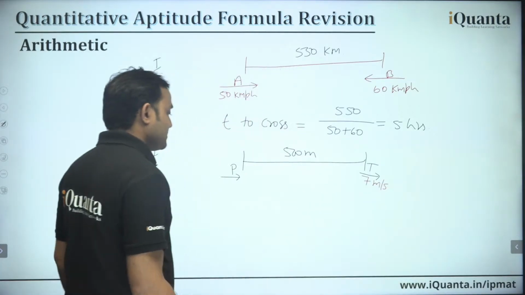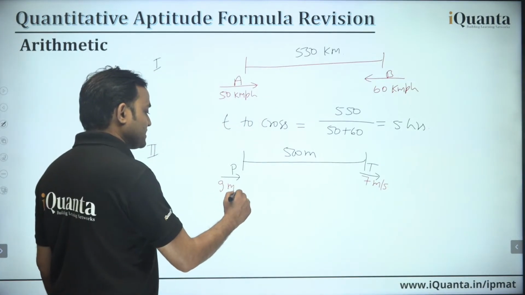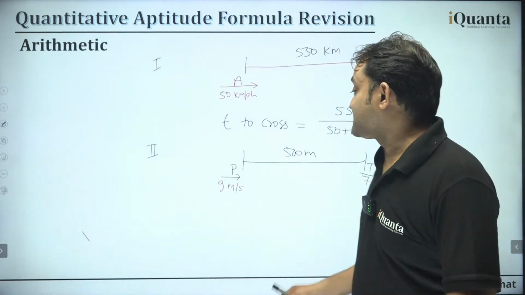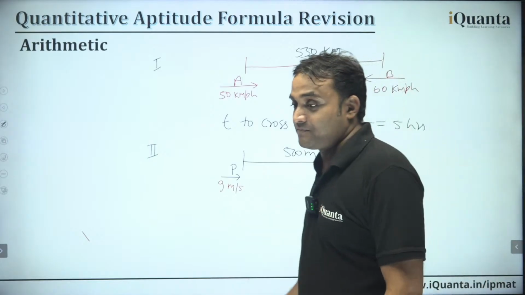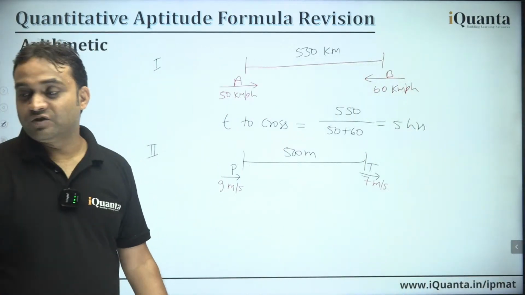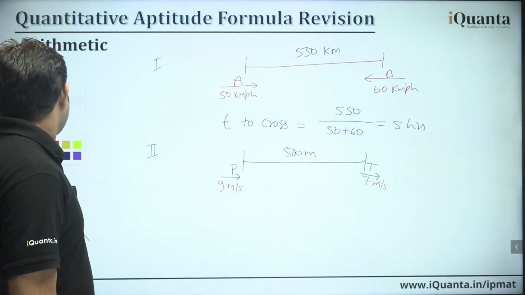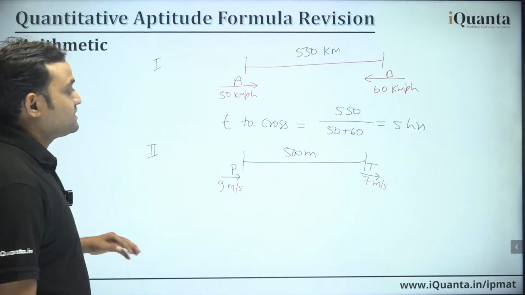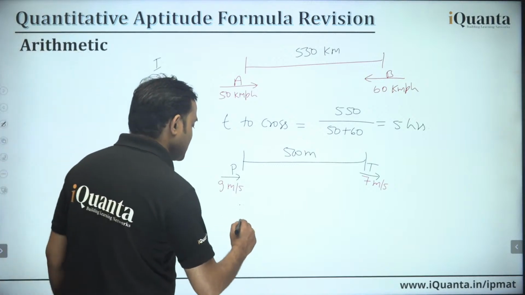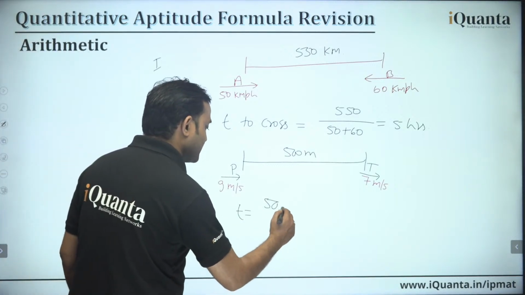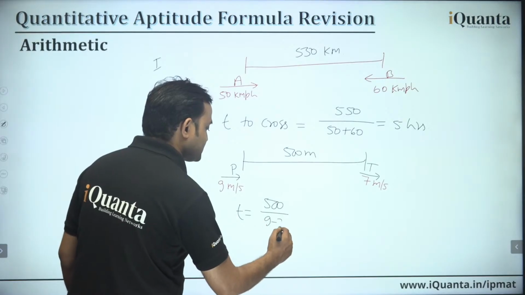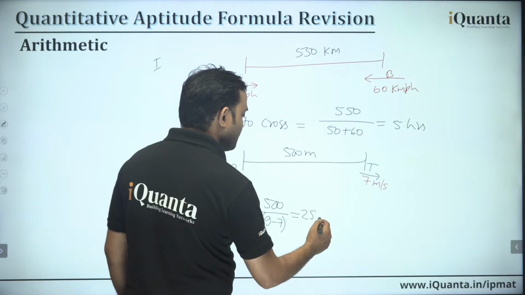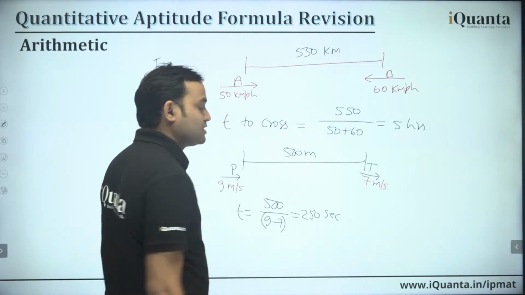And the police is running with 9 meter per second. So after how much time will this police catch this thief? You can use the same formula that we discussed on the last page. The time will be equal to 500 divided by 9 minus 7, because both of them are moving in the same direction. So 250 seconds. This will be your answer.